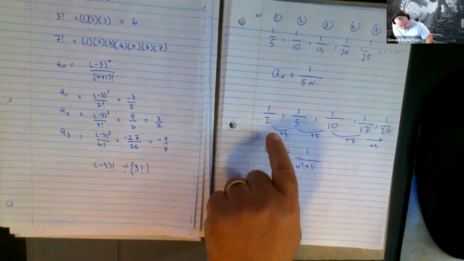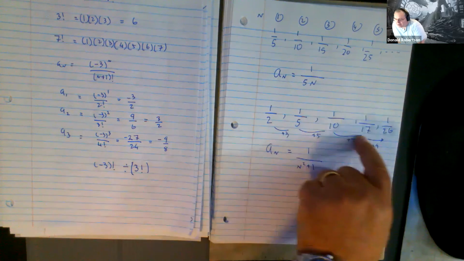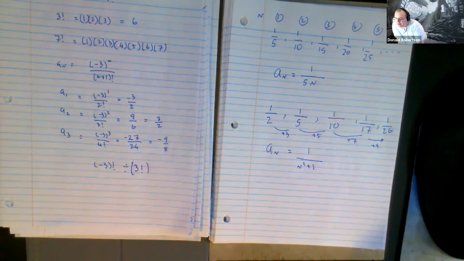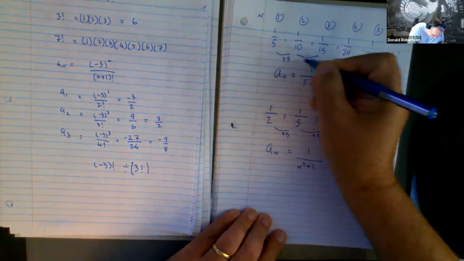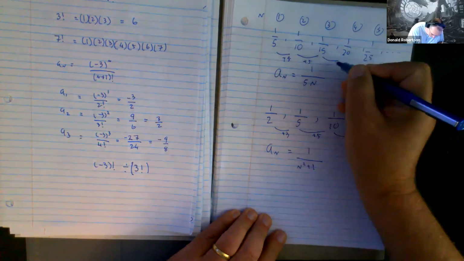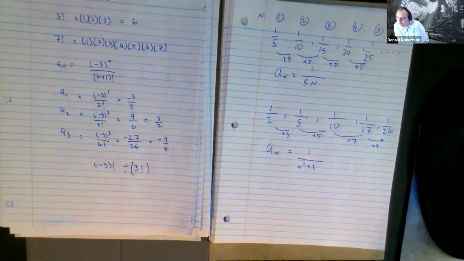If this gap thing is fixed, as it is here, right, look for something to do with n squared. If this gap is the same number each time, in this case, it's plus 5, look for multiples, right?